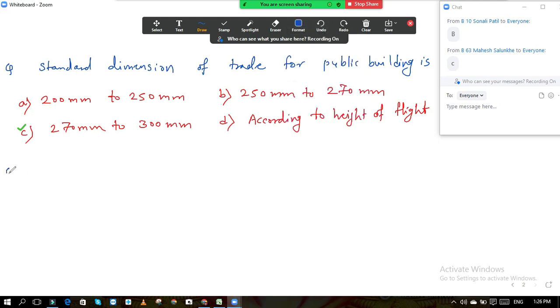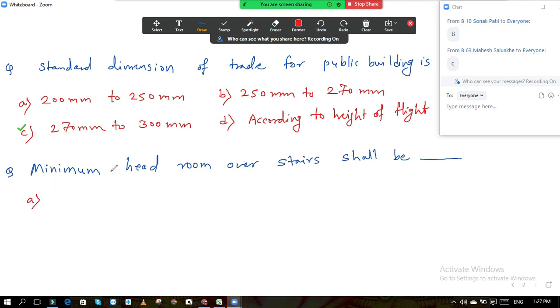So the next question. Minimum headroom over stairs shall be dash.